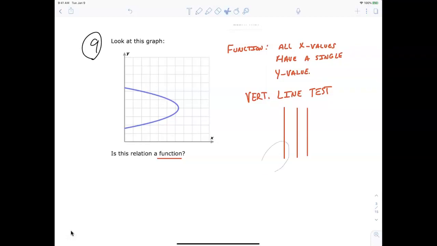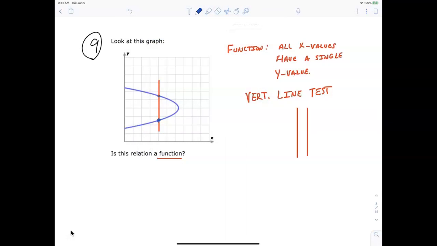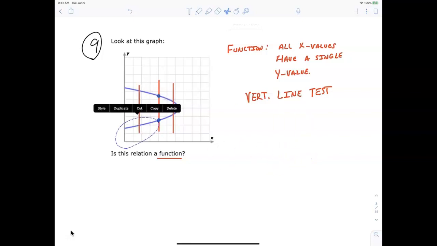So here's a vertical line. If you want to test, you just take this vertical line and pass through the graph. So we say this is not a function. The reason it's not a function is because it touches at 2 points. Now it only has to touch in one place twice to be considered not a function. So I'm just showing you it doesn't matter. Any of these vertical lines will demonstrate that it is not a function.